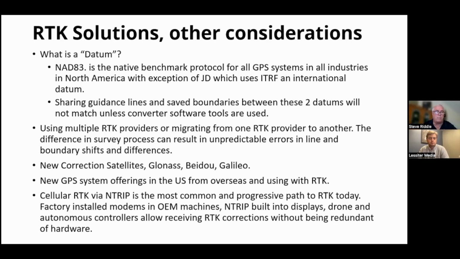But they've got to be typically cellular RTK corrections. And kind of nearing the end here. Cellular RTK via in-trip is the most common and progressive path to RTK today. In-trip is a protocol where, whether it's single cell based or a VBN or VRS setup, basically either in a modem device or in a display or in a unit, there's a place where we can program in.